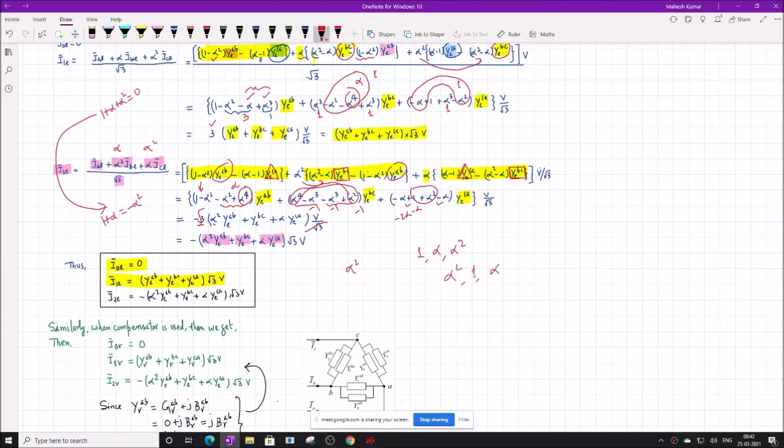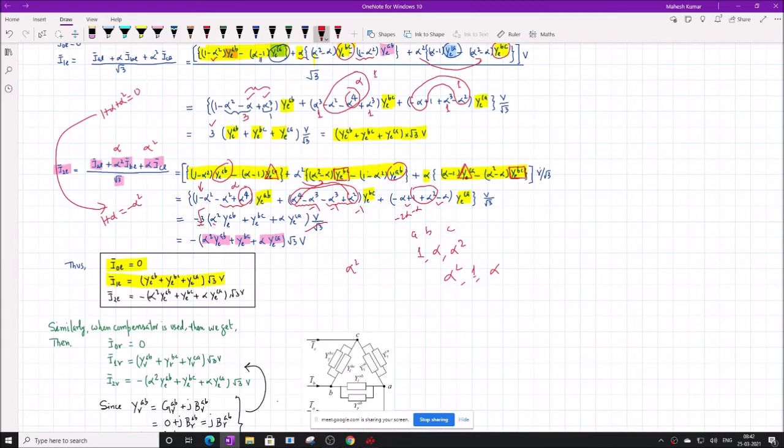Okay, so it's like ABC, BAC, CAB. It's like CAB. If you say like that, the sequence is CAB. So start from alpha square, then 1, then alpha, and the negative sign will be there. Root 3B is common in both the things. So these are the 3 symmetrical component currents for the load.